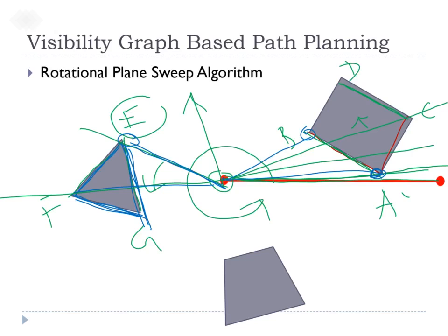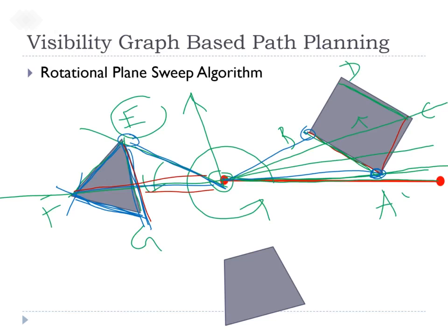So this line is falling before F, and therefore F is not visible. Let me again repeat that this line EG is falling before F at a distance which is less than the distance between the current location and F, and therefore F is not visible.